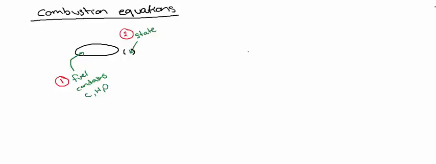The next part is the same regardless of what is being combusted. For complete combustion of all carbon-based fuels, it is reacting with oxygen, so it's combining with O2 gas, and the products are always carbon dioxide gas and water. So your next step is to add that in.